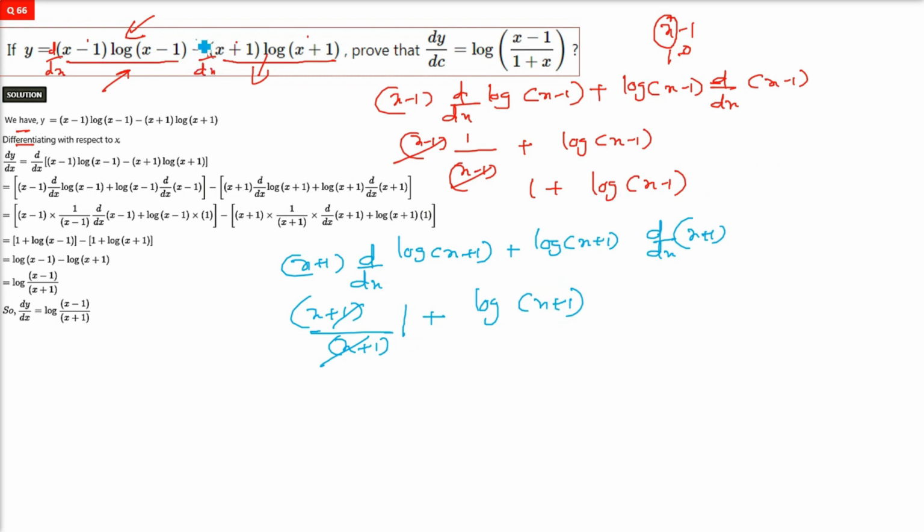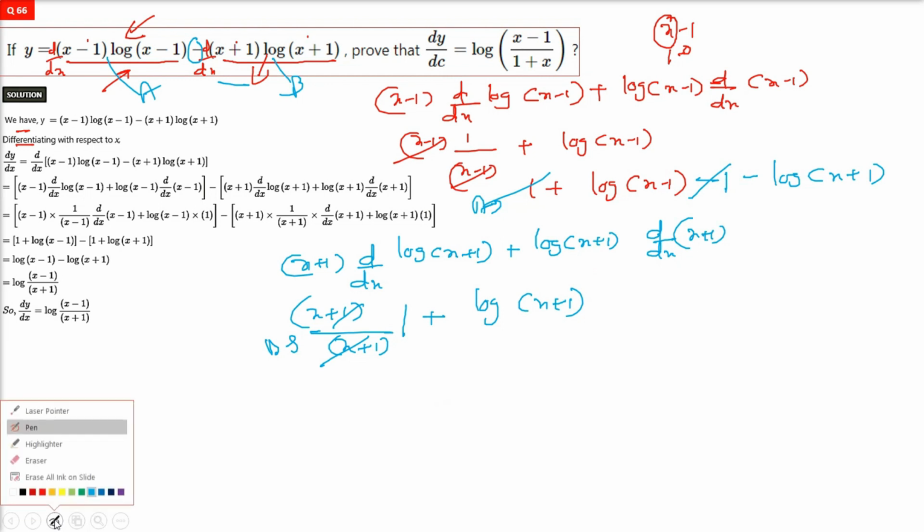Now the first was 1 plus log (x minus 1). This one is A, and this is B. The differentiation of A is this one, the differentiation of B is this one. Now we have to apply A minus B. So I am writing minus 1 minus log (x plus 1). 1 gets cancelled. You will get log (x minus 1) minus log (x plus 1).